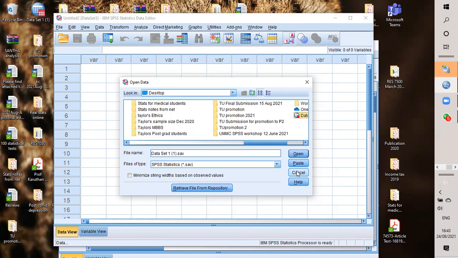Because we are right now using this on cloud, right? So it allows you to also access our desktop on cloud. So what you need to do is open the data. Hang on, let me retract my movement.